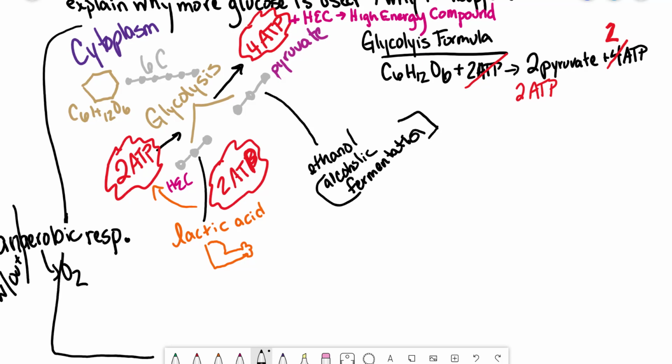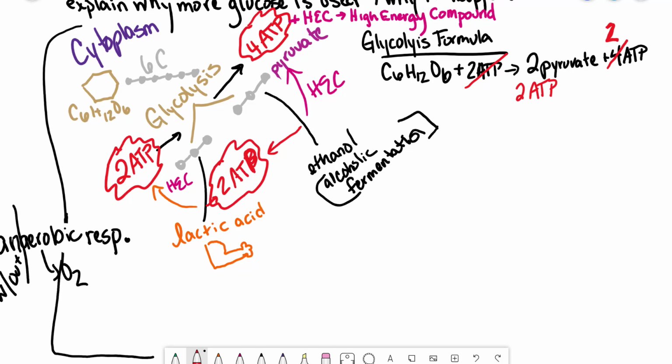And that also releases, just like we said before, those high energy compounds so that we can go back and break up more of that glucose. And it also creates the same amount of ATP that lactic acid fermentation does. So in alcoholic fermentation, this is what we use to make wine and beer, because this happens a lot in unicellular organisms or bacteria and other things like that.